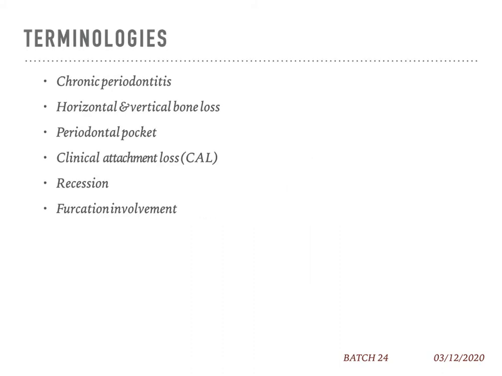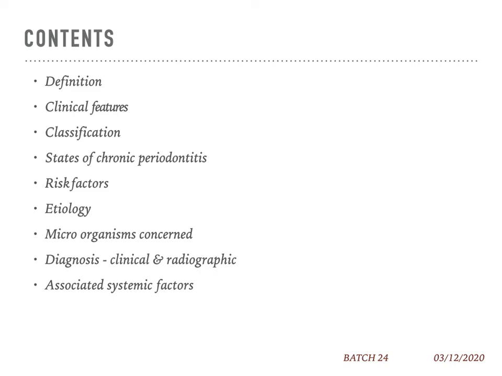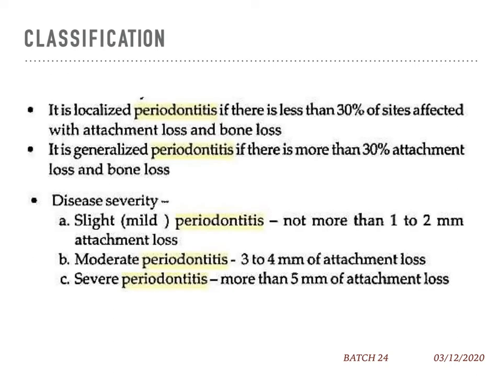So these are all the terminologies we are going to see under chronic periodontitis: horizontal bone loss, vertical bone loss, periodontal pocket, clinical attachment loss, clinical attachment level, recession and furcation involvement. Let's go on to chronic periodontitis. Basically, chronic periodontitis is classified based on the location into localized chronic periodontitis and generalized chronic periodontitis.